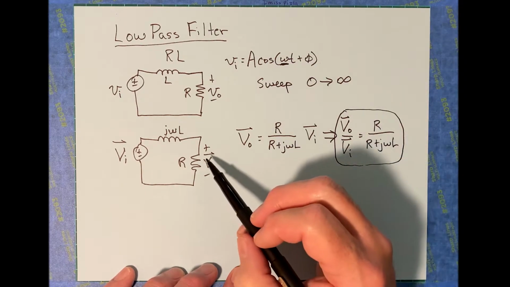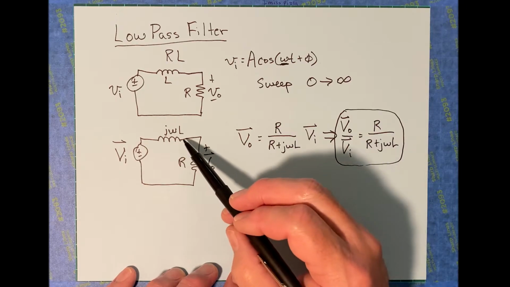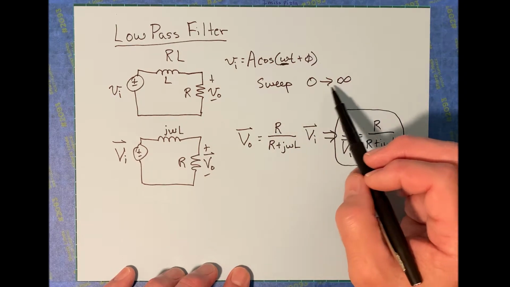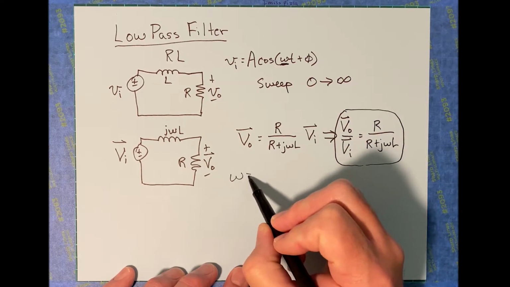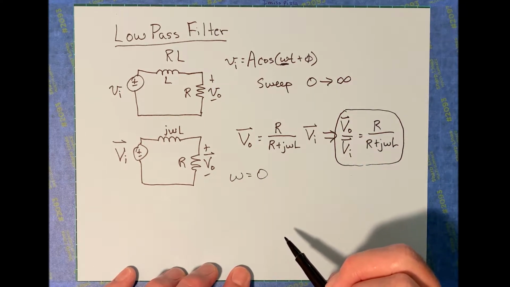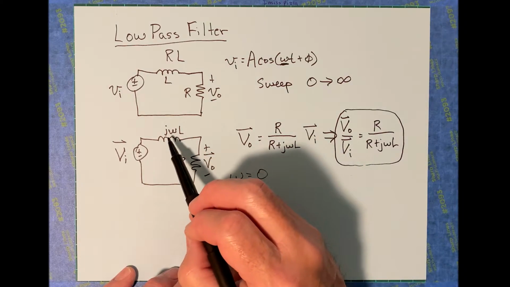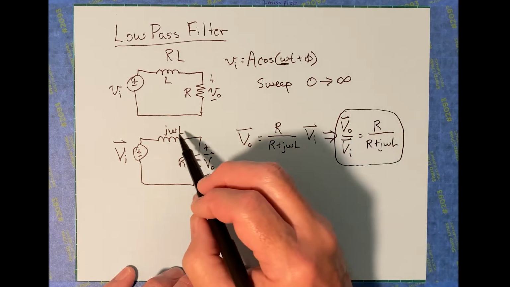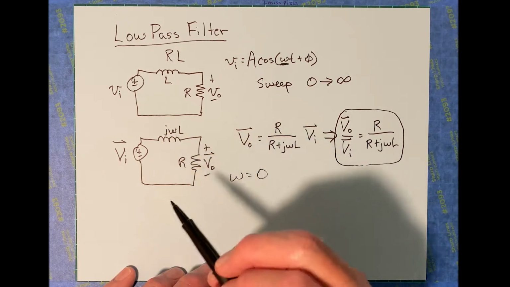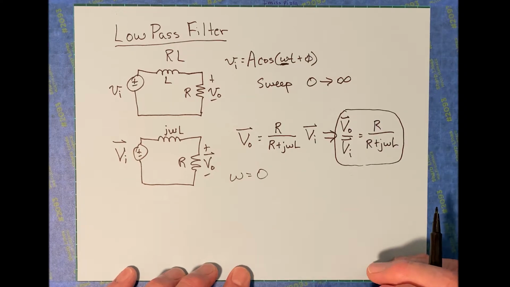So let's think now about what's going to happen if we are at the extremes of what the frequency can be. What if omega equals 0? Well, in that case, the j omega L is going to be 0. So the impedance of the inductor is going to be 0.